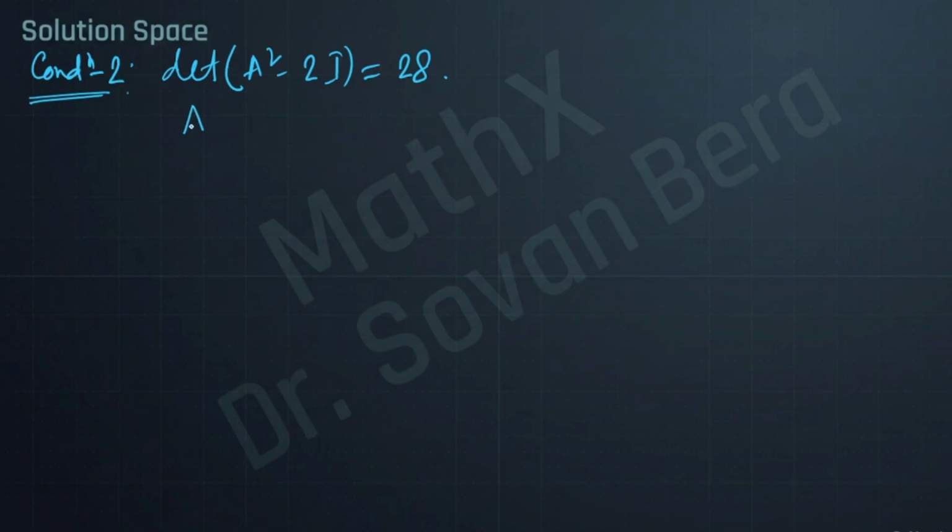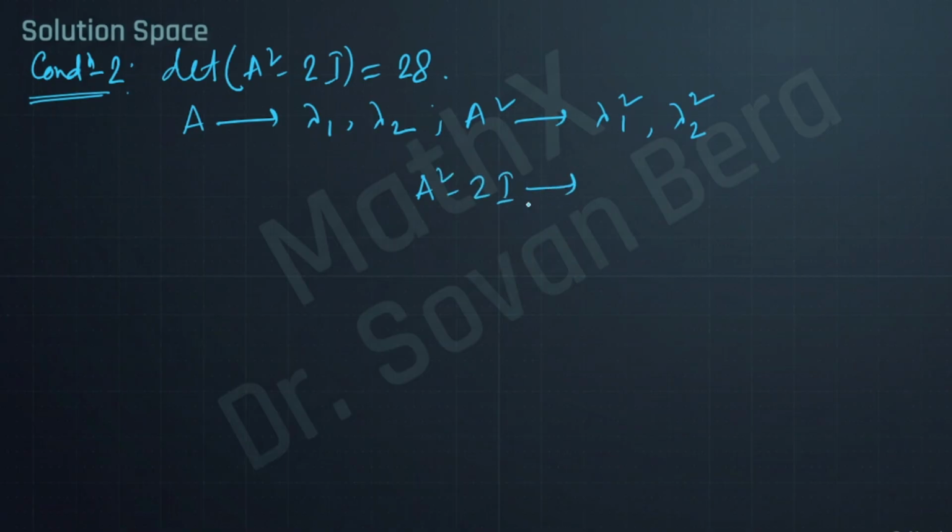Now the eigenvalues of A are lambda 1 and lambda 2. The eigenvalues of A square are lambda 1 square and lambda 2 square, and the eigenvalues of A square minus 2I are lambda 1 square minus 2 and lambda 2 square minus 2.